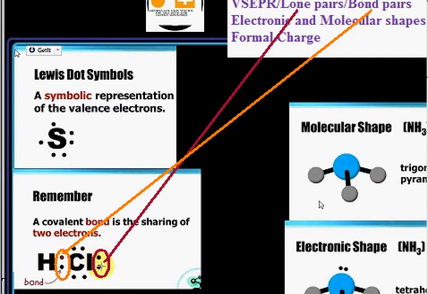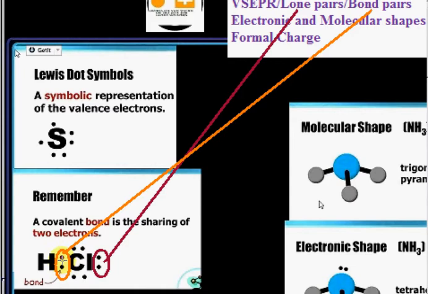So the lone pairs will repel one another quite a lot, relatively speaking, compared to the bond pair. Whereas the bond pair, because the electrons are being shared between one atom and the other, they're not as strongly affixed to one atom or another.